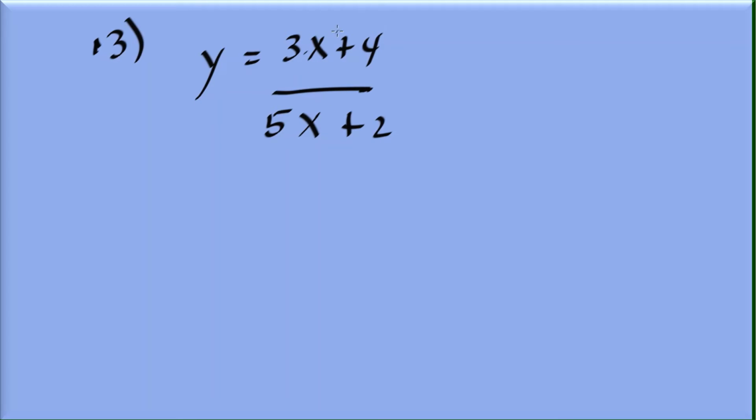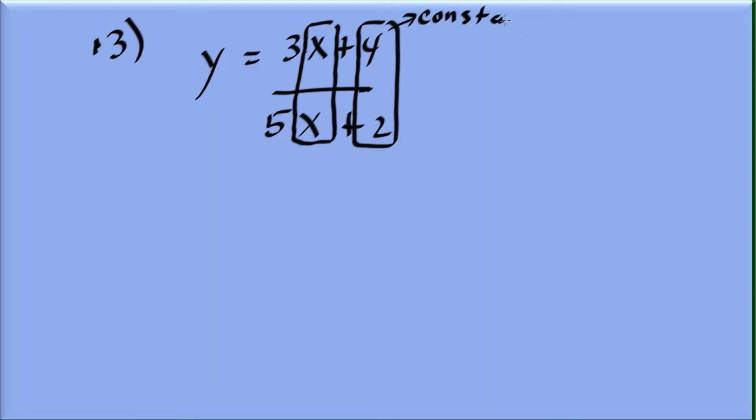When you have this variable x that is exactly the same on top and at the bottom, followed by a constant, like plus 4 and plus 2, and we have these variables or letters that are exactly the same.